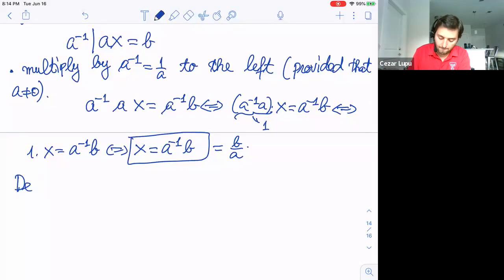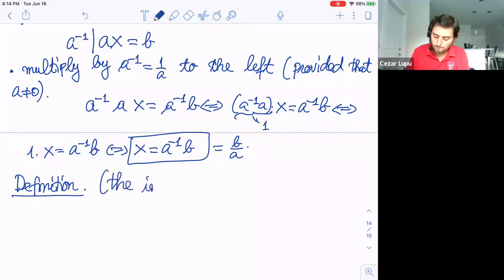So now let me talk about the definition of the inverse. Definition: the inverse of a matrix.